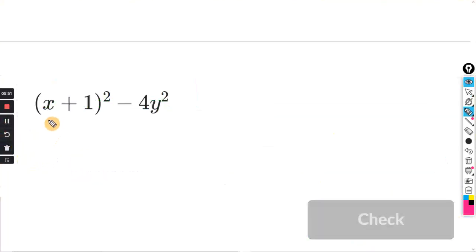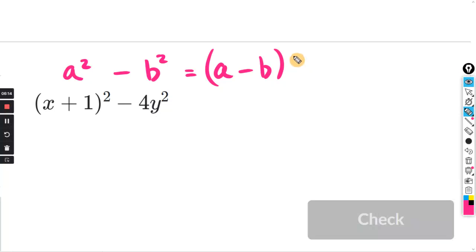Now, this one here has no middle term. All right, so I am thinking this is going to be a squared minus b squared, because there's no middle term. And if you recall, that is the equivalent of a minus b times a plus b.